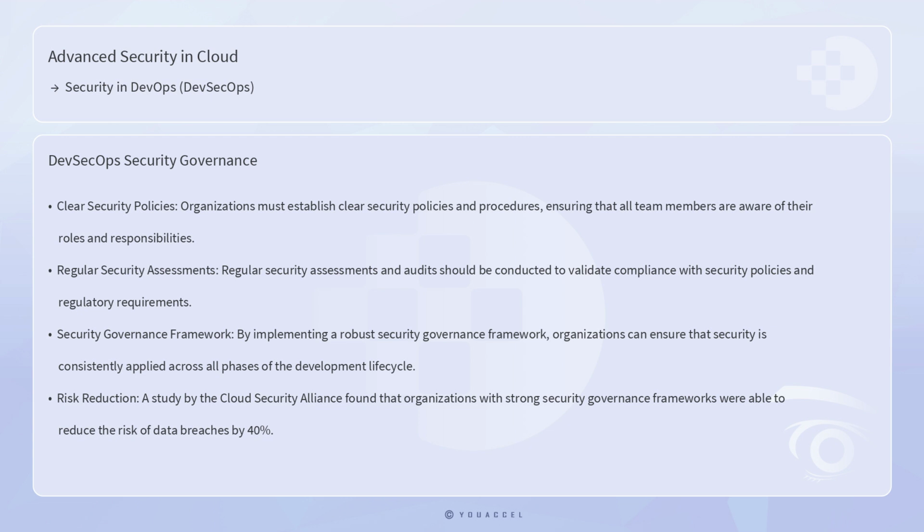By implementing a robust security governance framework, organizations can ensure that security is consistently applied across all phases of the development lifecycle. A study by the Cloud Security Alliance found that organizations with strong security governance frameworks were able to reduce the risk of data breaches by 40%.